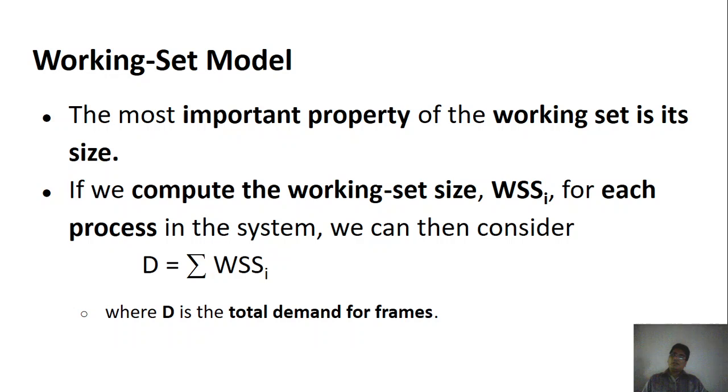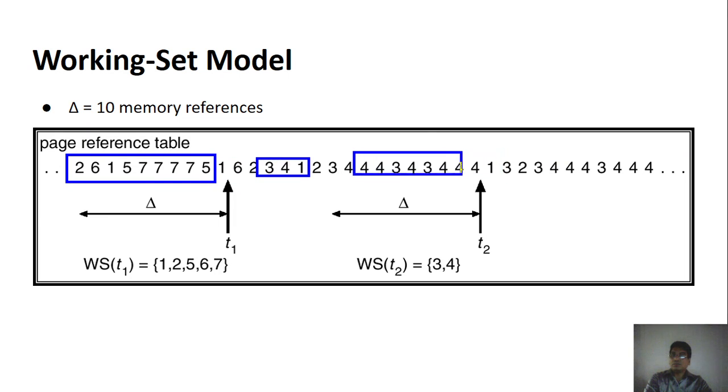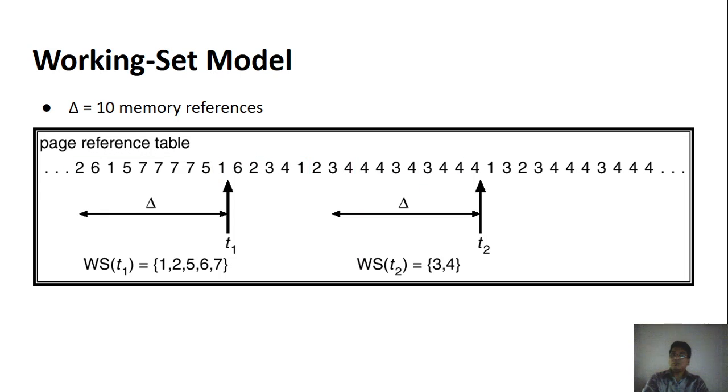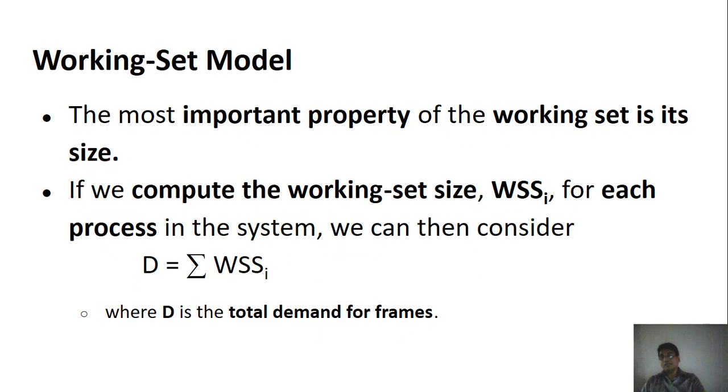Now the question generally arises is, how do you decide the size of the working set model? I just told you that here 10 were taken, somebody can take only 2, somebody can take 4 or 6 or anything. So how do we decide that? That's one major question that the operating system has to decide.